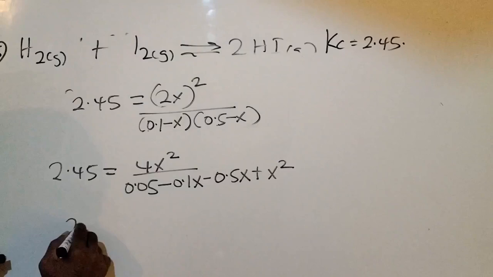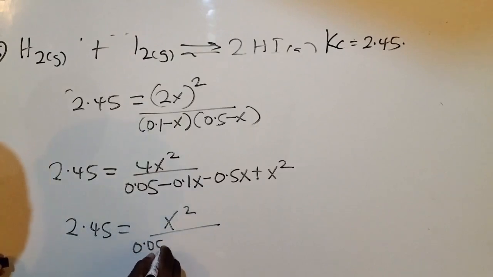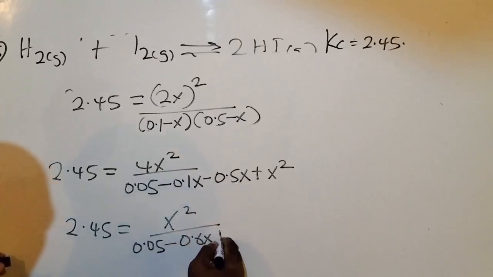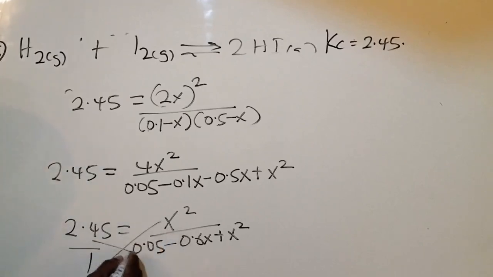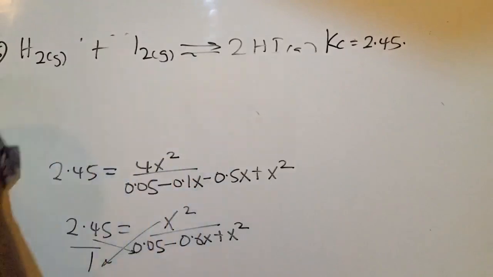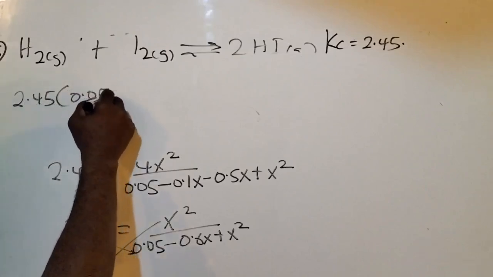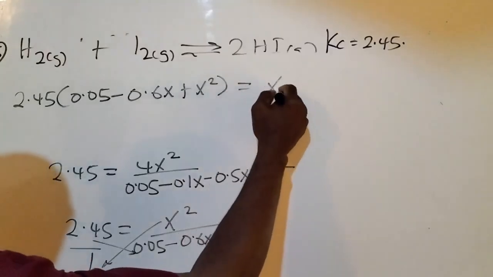So that gives us 2.45 equal to 4S squared all over 0.05 minus 0.6S plus S squared, since 0.1 plus 0.5 gives 0.6. Now we cross multiply: 2.45 into 0.05 minus 0.6S plus S squared, equal to 4S squared.